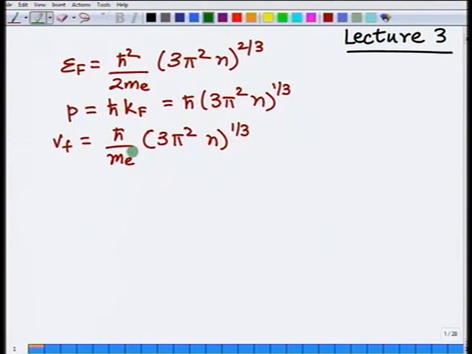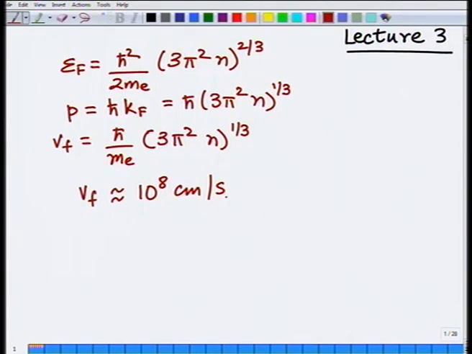Now, let us look at this a little bit further. Since you know already how to calculate this quantity n, substitute n into this equation of Vf, and we said Vf you will find is about 10 to power 8 centimeters per second.